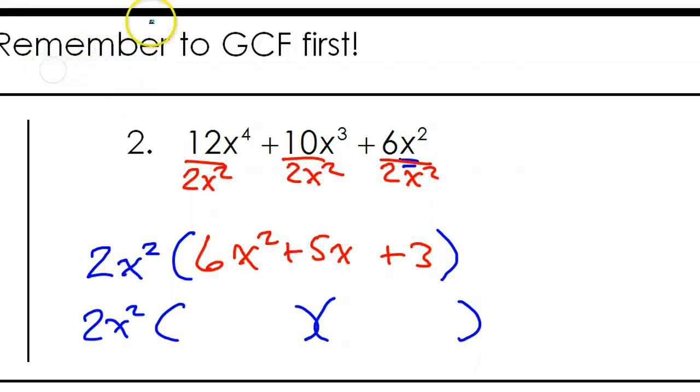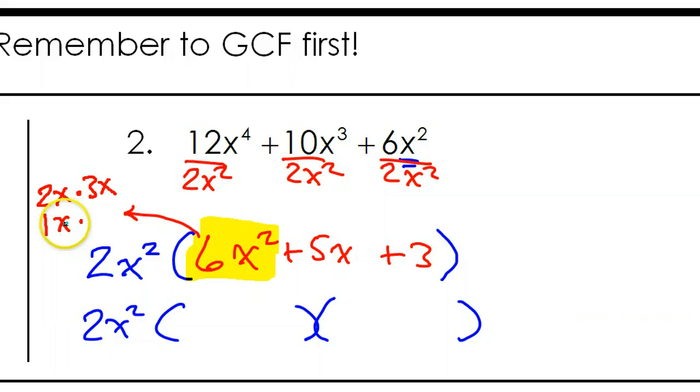My thought process is, first I start with the 6x squared and ask myself what times what. Please understand that 6 could be 2 times 3, so 2x times 3x, or it could be x times 6x. I usually start with the smaller numbers first, so I'm going to start with 2x times 3x and see how that goes for me.